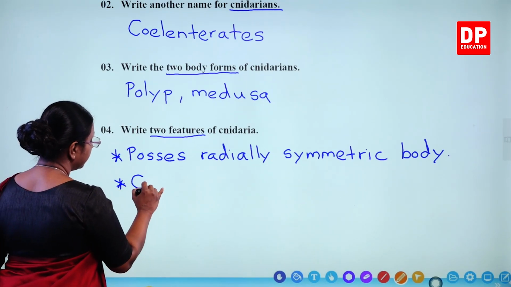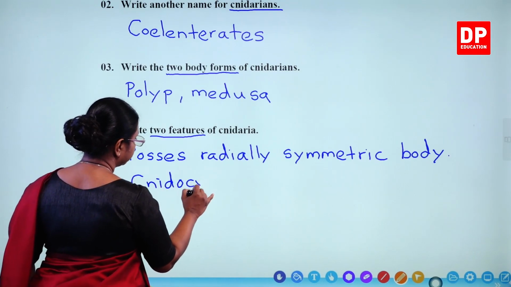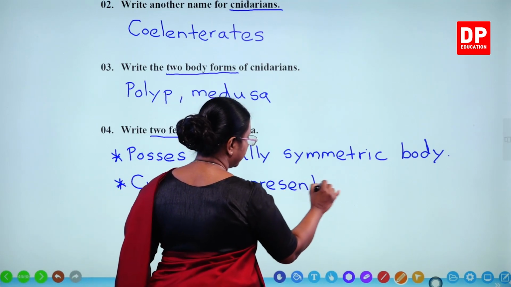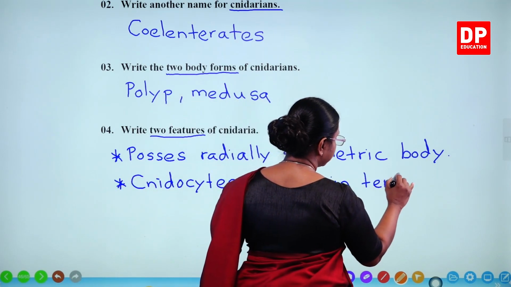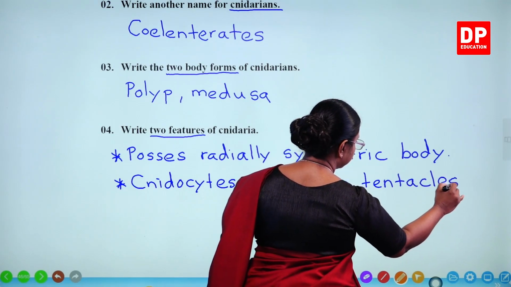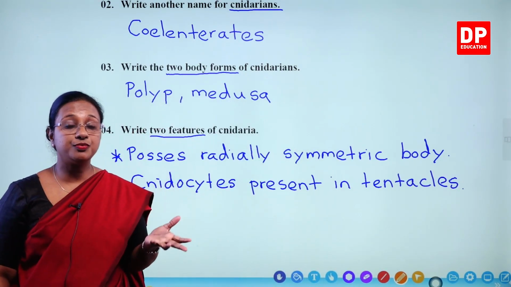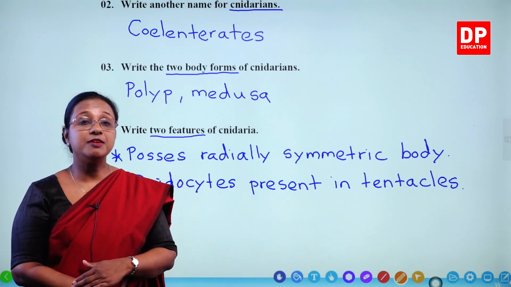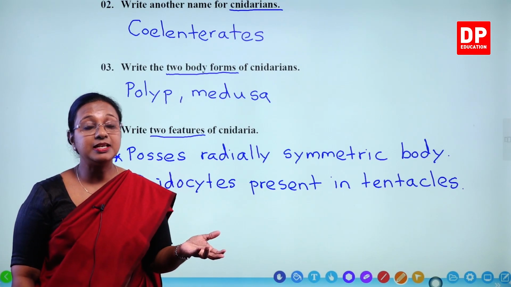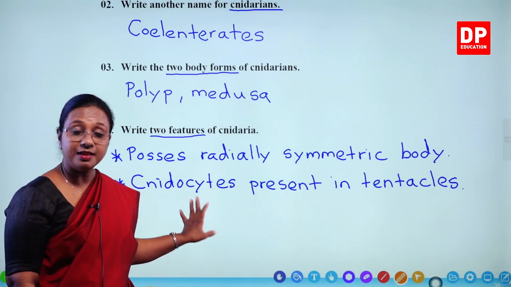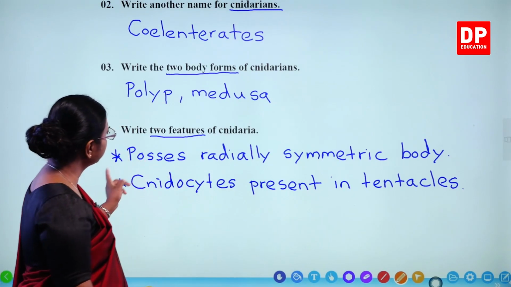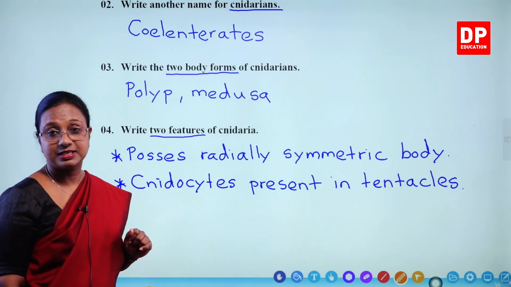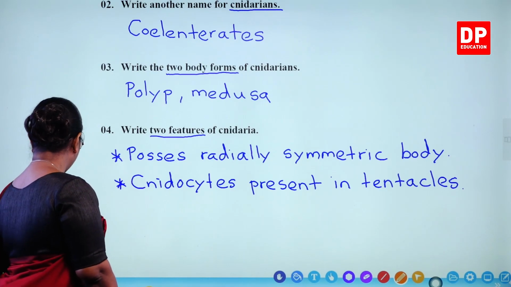You can say cnidocytes present in tentacles. Here they have asked to write two features. So you can also say they have the polyp and medusa two body forms. You can also say they are predators. All those can be written here. Now I have written possess radially symmetric body and cnidocytes present in tentacles. So with that I will move on to the next one.